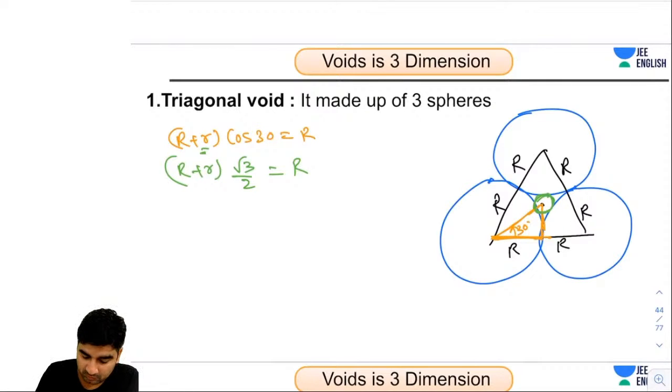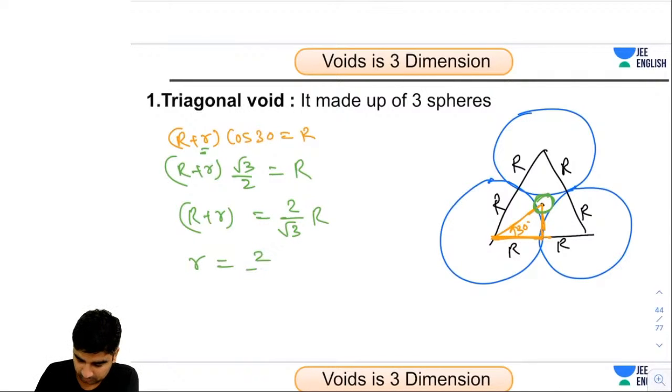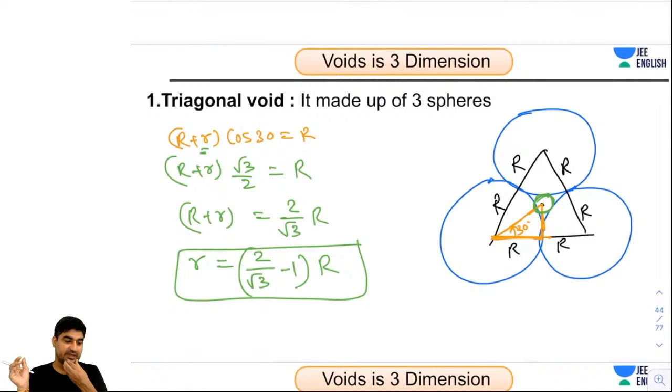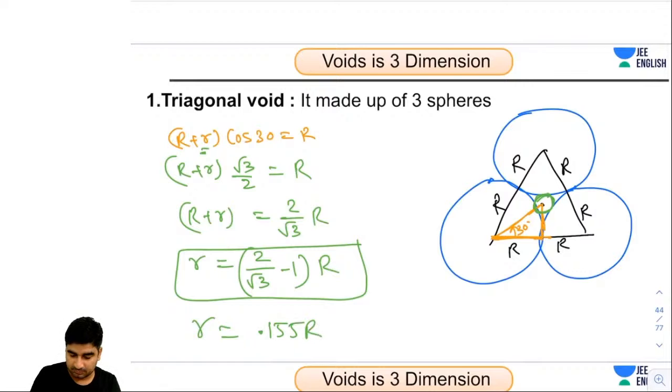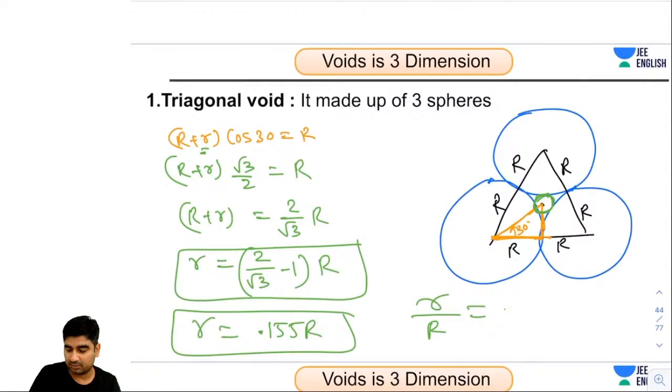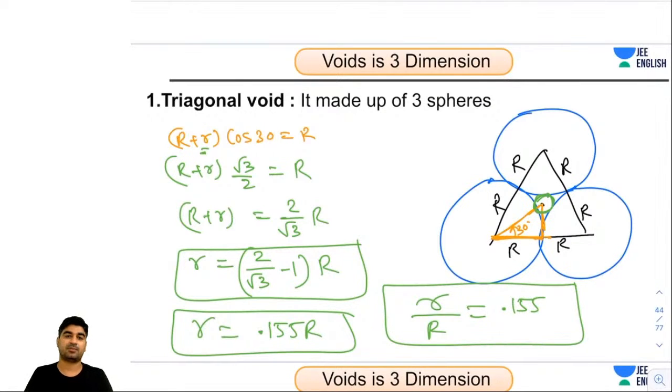Yes, note it down, guys. So if you are going to calculate it, you will be getting r upon R. So you can say if football radius is 100, then you can accommodate a cricket ball of 15 centimeter radius.